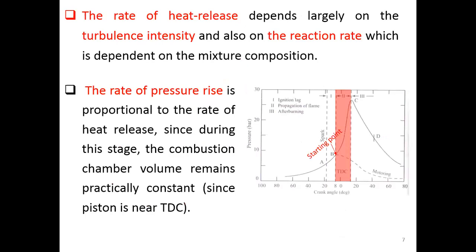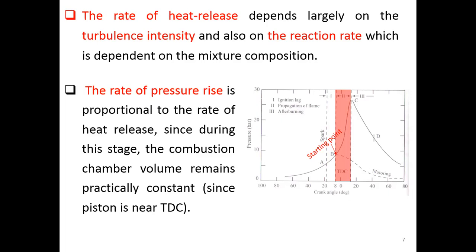Since this is where the combustion happens, we have the heat release. The rate of heat release depends largely on the turbulent intensity, how much turbulence we can make inside. It also depends on the reaction rate, how fast the chemical reactions can happen.